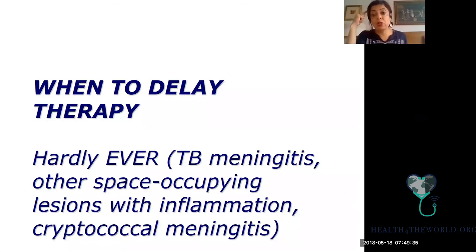Those conditions include opportunistic infections in the brain, TB meningitis, cryptococcal meningitis, or an opportunistic infection in the brain that is active is the only reason why you should delay antiretroviral therapy. Otherwise, any opportunistic infection you should treat to fight the opportunistic infection and with HIV treatment simultaneously.